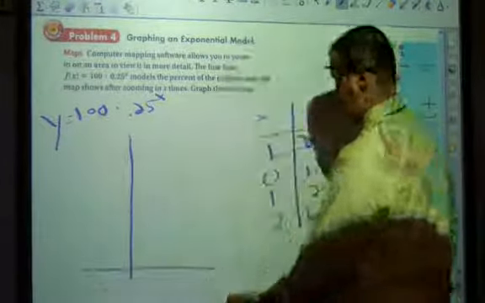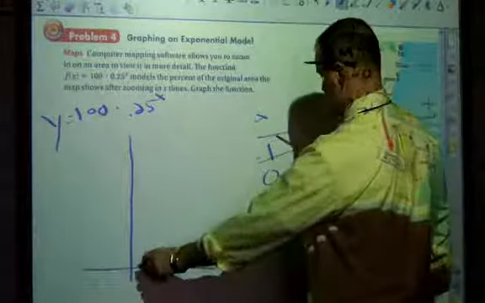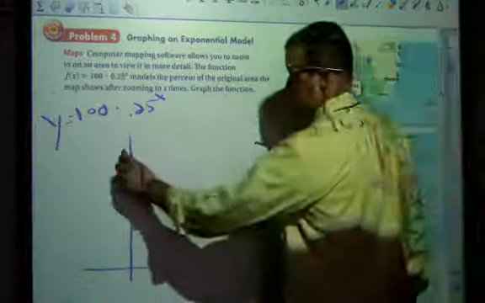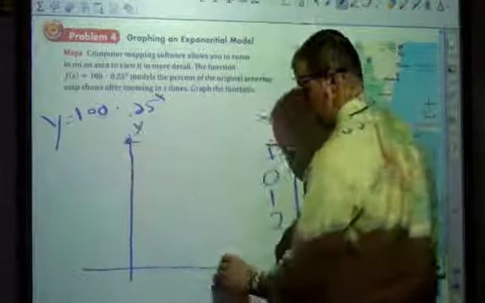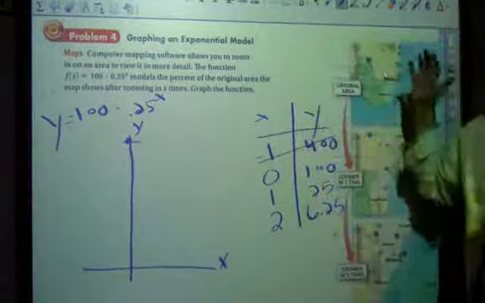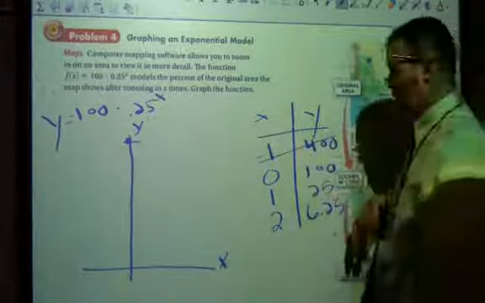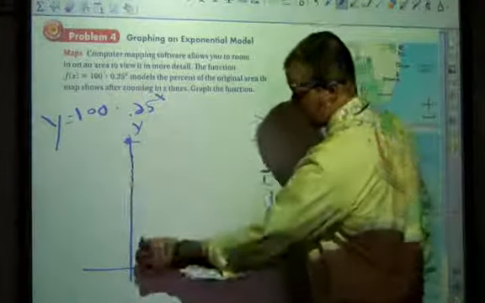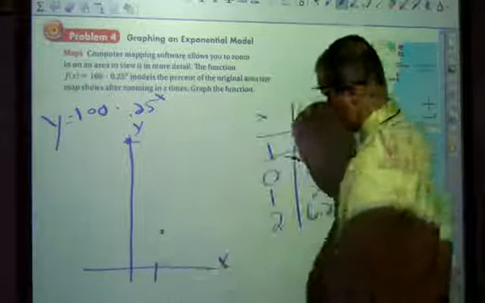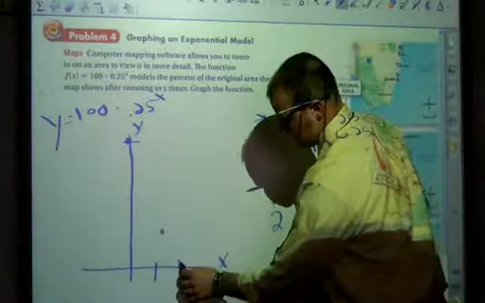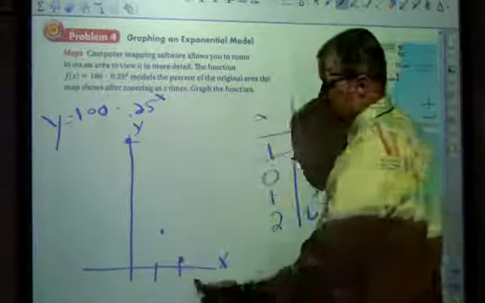All right. So x is 0, 0 is at 100. So if I say this is 100, so obviously this is way too big to make a nice actual scale, but if I said 1, then was 25, so that'd be about 1/4 of this. So I'm going to ballpark that here. And 2 is at 6.25, so based on the scale that we have.